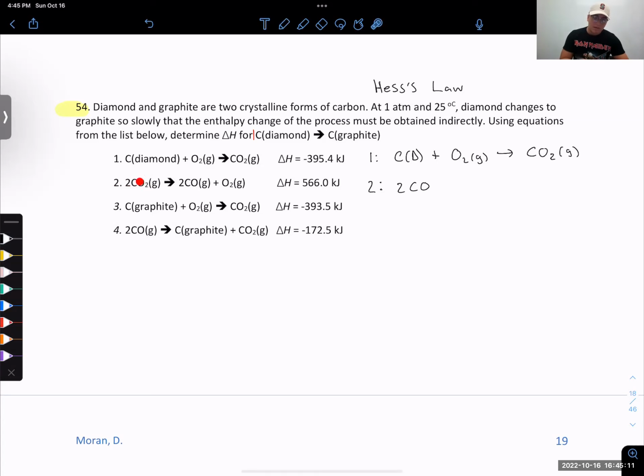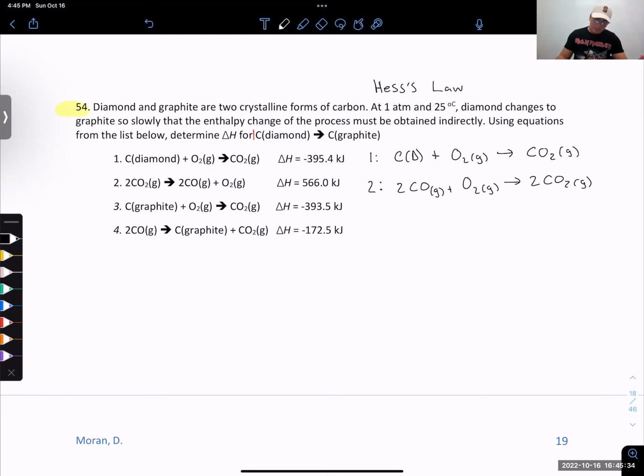It's going from carbon dioxide to these 2, but I'm going to flip it to where it's going from carbon monoxide and oxygen gas to carbon dioxide, okay? So 2 carbon monoxide gas plus O2 gas yields 2 moles of CO2 gas, all right?